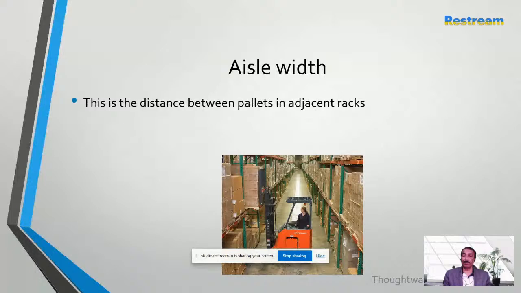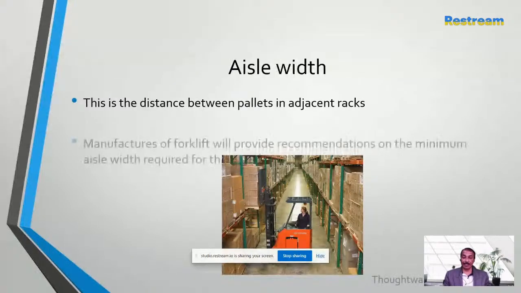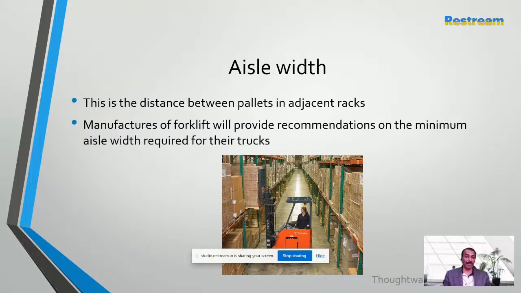The aisle width is the distance between the pallets in the adjacent racks. Of course, when you are using the forklift, you have to consider the turning radius. It is not only the length or width of the forklift or any such devices. You need to consider the turning radius, which will be provided by the manufacturer.